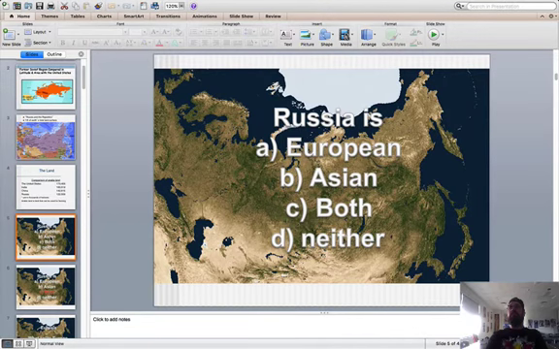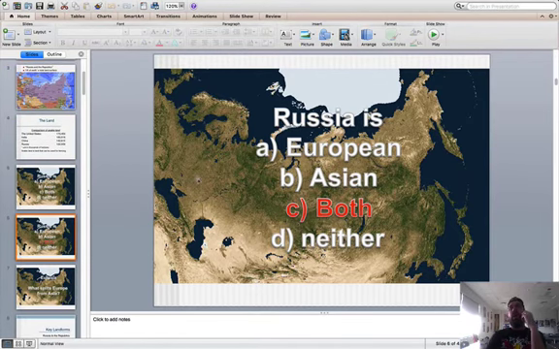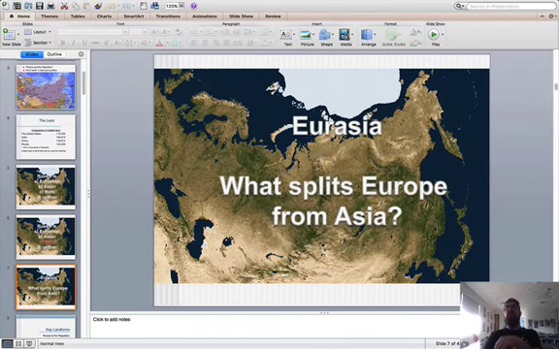So a couple of questions just to see if you can get this. Russia is A, European, B, Asian, C, both, or D, neither? And the answer is that it's both. Most of the country of Russia is actually in Asia, but most of the population lives in the European side. About 75% live on the European side of Russia.